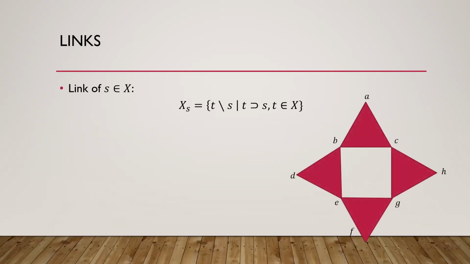Suppose we have this simplicial complex with 4 triangles and all the edges inside the triangles and all these vertices. And suppose we look at the vertex B, and we see that its neighborhood is these 2 disjoint edges, because if we have this triangle ABC, once we remove B, we get an edge, or if we have the edge BD, once we remove B, we get the vertex D. And so this is how we view links, also in this more graphical way.